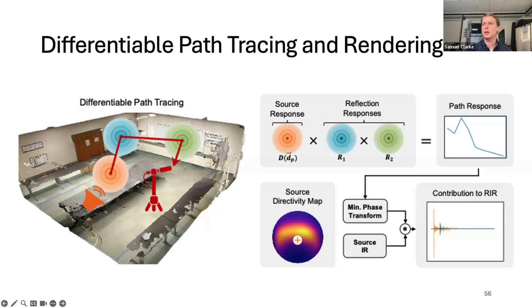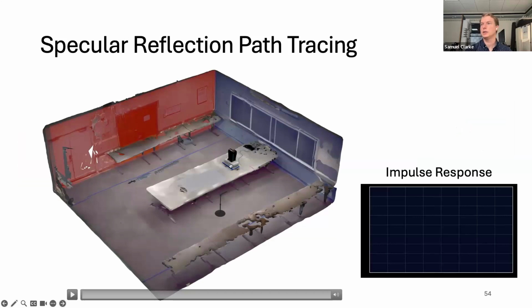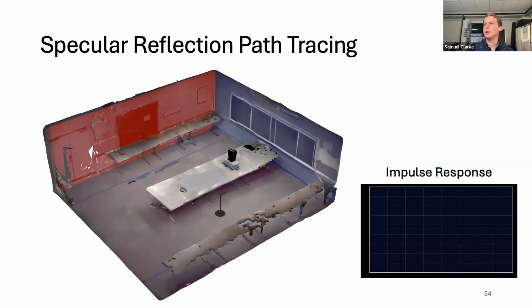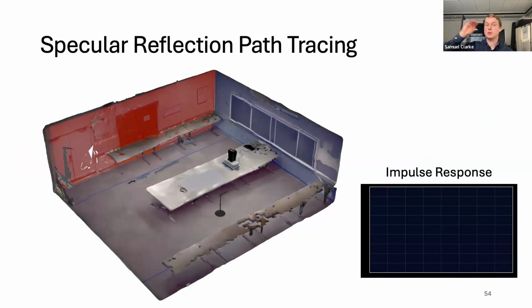For example, this speaker is considered a sound source, and it's not clear, especially since it has a tweeter and a woofer, what exactly is the position of that sound source in the room. We were going with the center point, but we also tried letting the optimization adjust the position somewhat.